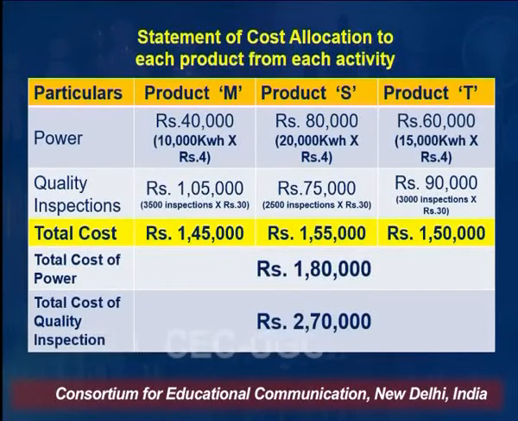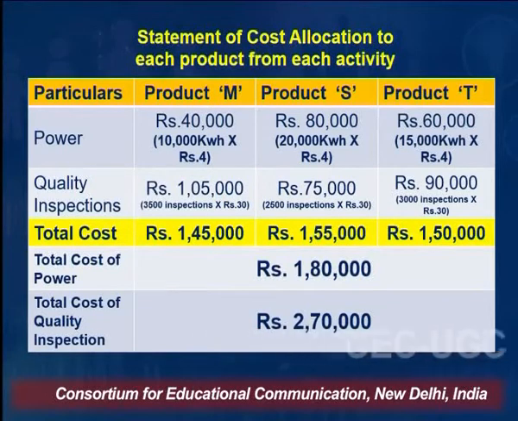So the cost of power comes to be rupees 40,000 for product M. For product S, the total was 20,000 kilowatt hour, as reported in the question, and the rate we have computed is rupees 4. So the amount comes to be rupees 80,000, and for product T it is rupees 60,000. Likewise, for quality inspections, we have taken the number of inspections, multiplied it by the rate, and for each of the 3 products we are reporting the quality inspection cost.